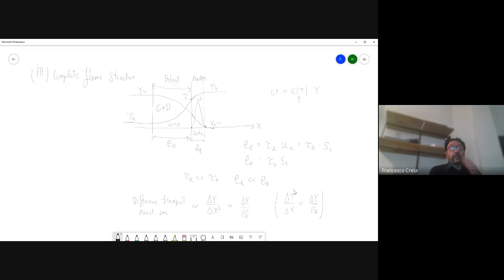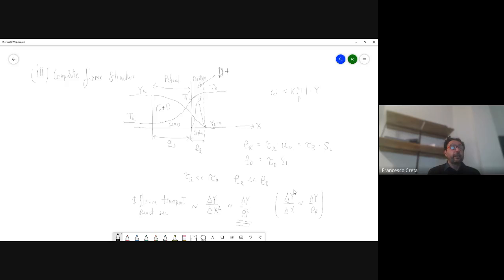So as you can see here, this is the dominating term because LR is very small. So very small squared at the denominator means that it's very big. So in fact, what we expect here is the diffusion aspect to dominate over convection.